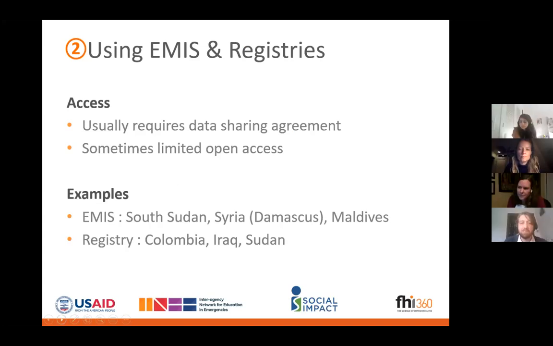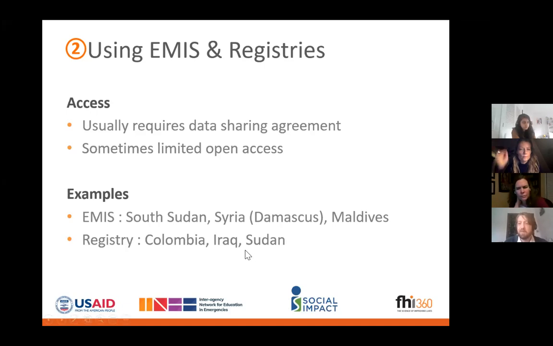And then examples of this might include South Sudan. For EMIS, they have a relatively dynamic system for collecting at least attendance and data like this. But again, you'll have to have an agreement to access it. Syria has been expanding a dynamic EMIS in Damascus primarily, which can capture if a student moves from one school to another, and if they're moving from an area that experienced displacement, that might serve as a proxy.